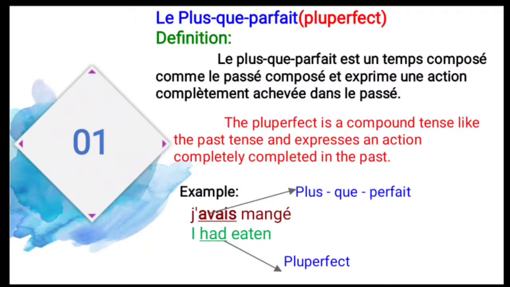See the example: j'avais mangé, it means I had eaten. So avais marks the plus-que-parfait, had in English and avais in French.